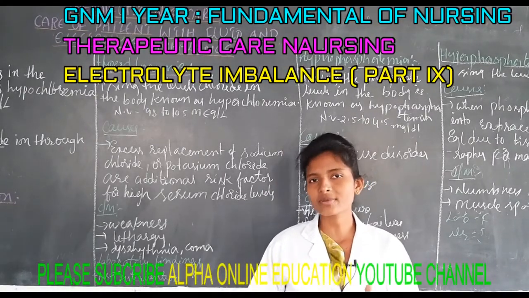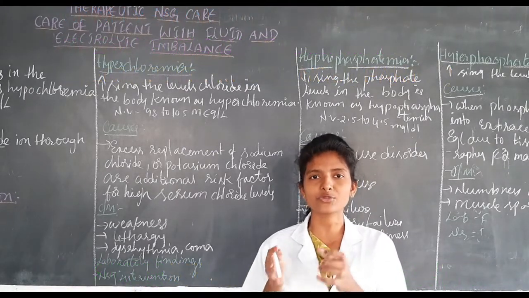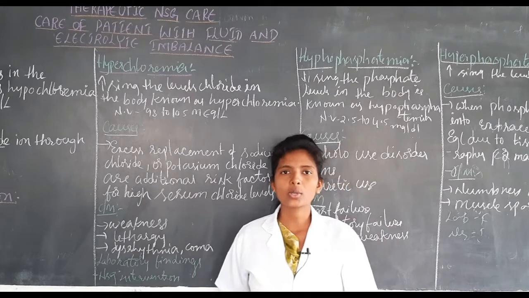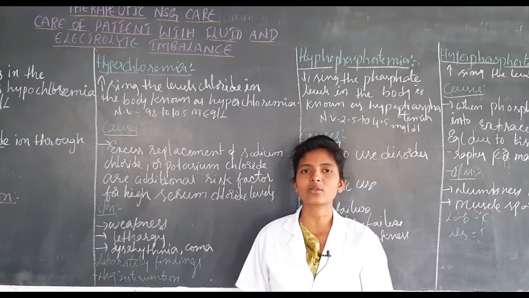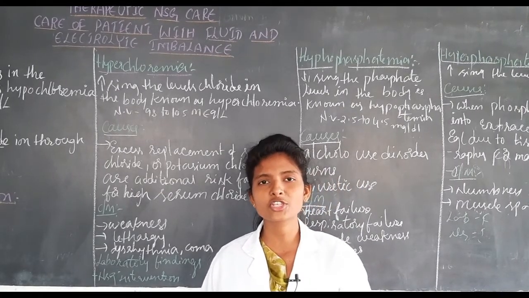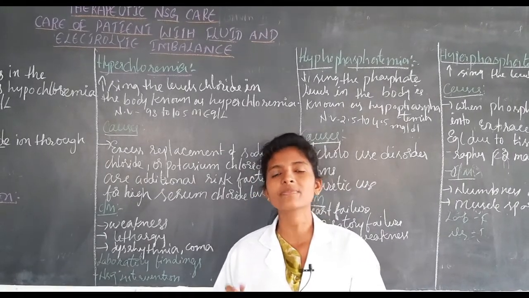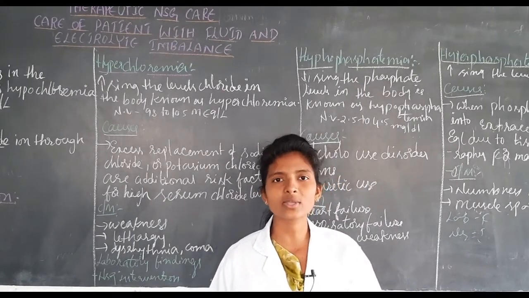So already we have seen electrolytes in previous classes. In electrolytes there are sodium, potassium, chloride, magnesium, phosphate. These things are present in the electrolytes. Already we have discussed sodium, potassium, calcium, magnesium. Next, I am going to discuss chloride.